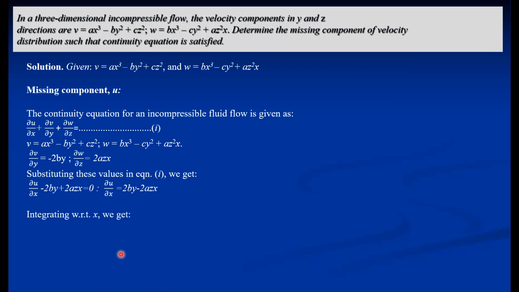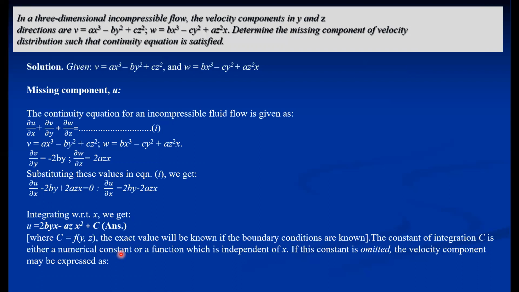So integrating this with respect to x, we get this expression plus C. But again, C is a function of the other two coordinates, that is y and z. So the exact expression is 2vyx minus azx square plus f of y, z. That way we can write.